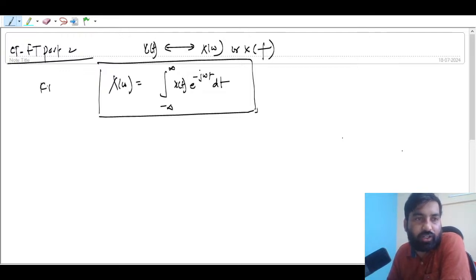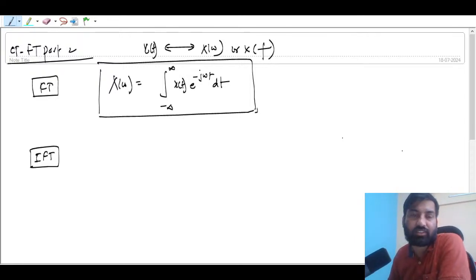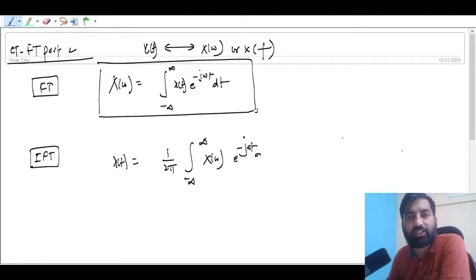This is nothing but the formal definition of the Fourier transform, and the inverse Fourier transform definition is going to be, from the spectrum you have to reconstruct the signal back. That is nothing but time domain x(t), which is equal to 1 by 2 pi, integration minus infinity to infinity X of omega e raised to power j omega t d omega.